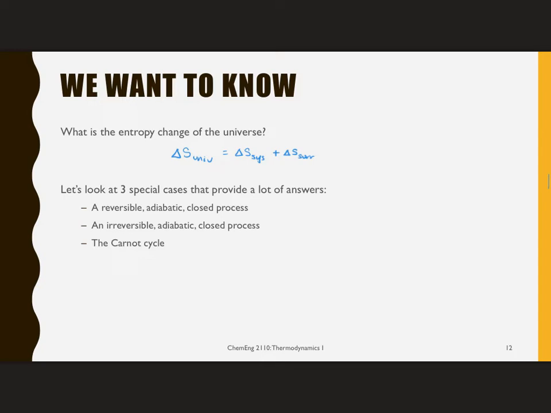So reversible, remember, means that it can go forward or backward without any additional energy input. Adiabatic means there is no heat transfer at all. And closed means that the mass is going to stay in the system. An irreversible adiabatic closed process is the second one we're going to look at. And then we're going to look at something called the Carnot cycle.